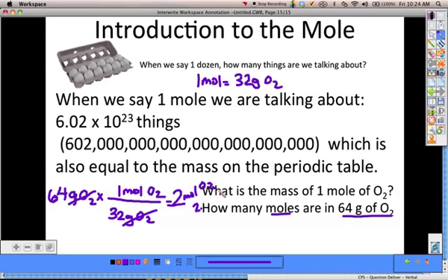So you could use this for anything, and it helps us when we're in the lab. That's where we're going to use mass and moles the most. And we're going to be adding 2 more steps to this stuff when we get to stoichiometry. For now, we're going to leave it at this. Questions before we move on?